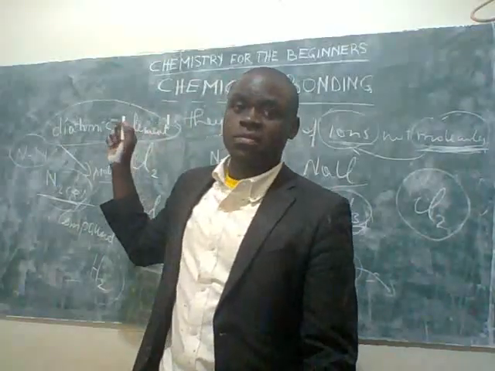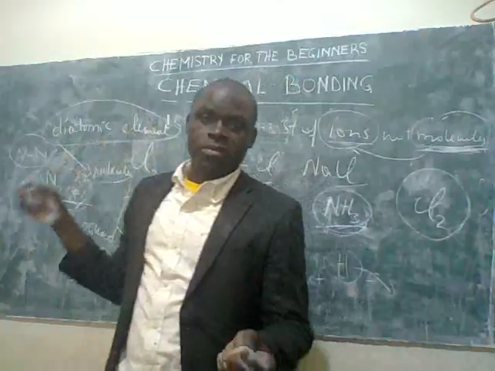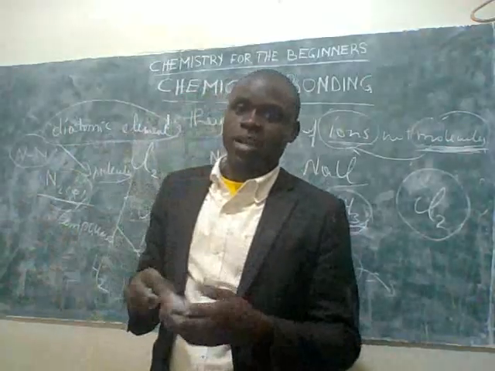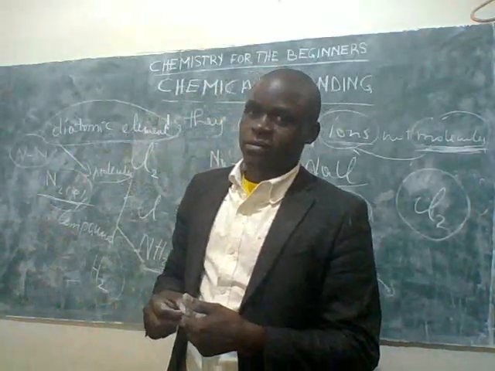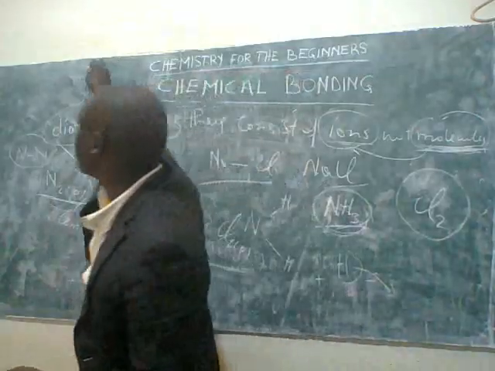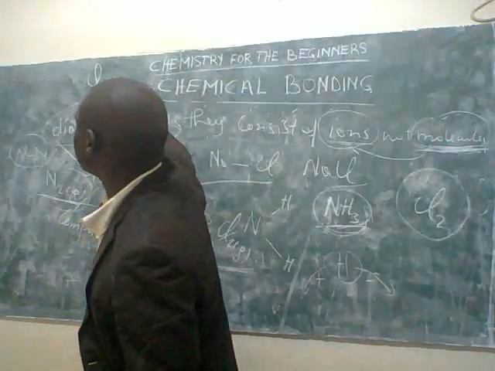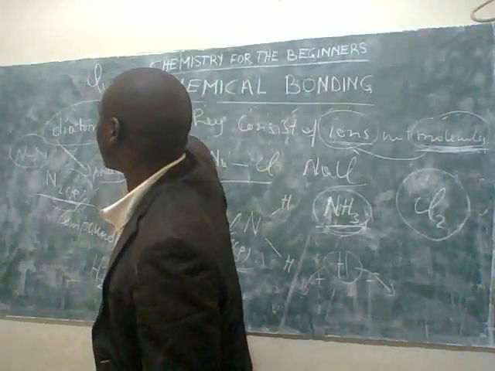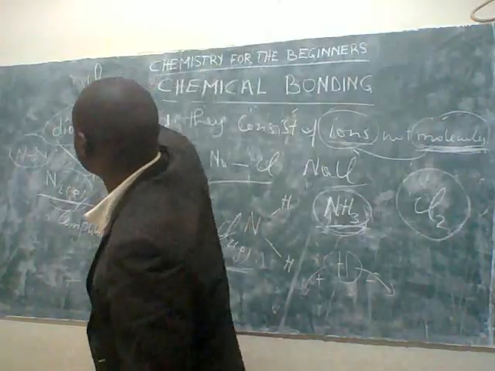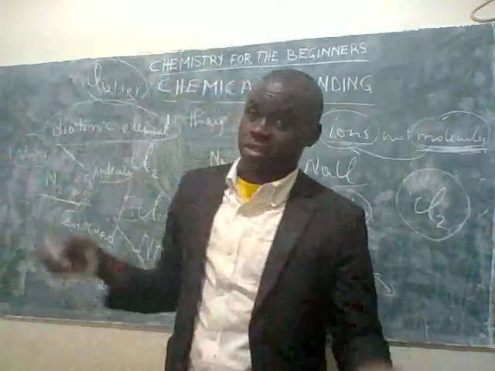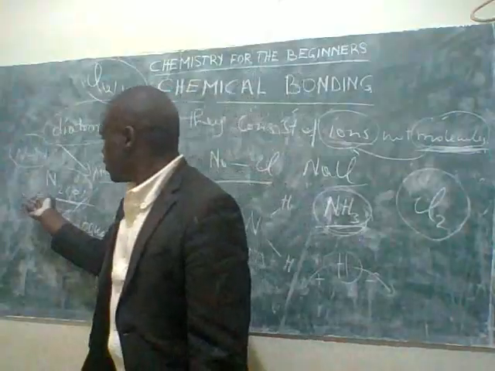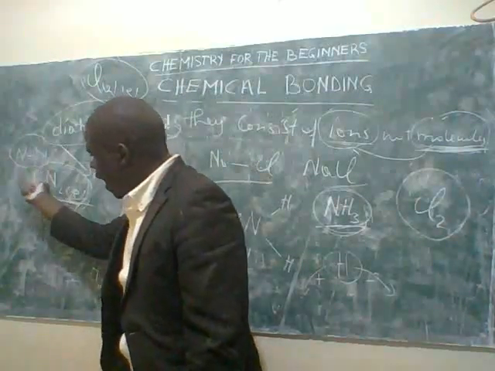They are found naturally combined together. Even if you are preparing chlorine gas, you will get Cl2. Even if you are preparing nitrogen gas, you will get N2.